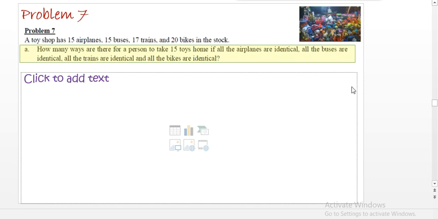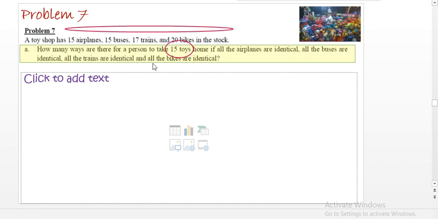So again, it is very much the same question as the fruits question, or solving an equation. In a toy shop we have 15 airplanes, 15 buses, 15 trains and 20 bikes. So these many are in stock. How many ways are there for a person to take 15 toys?